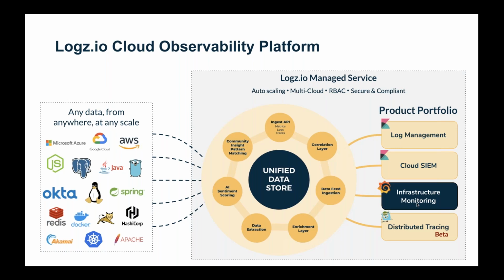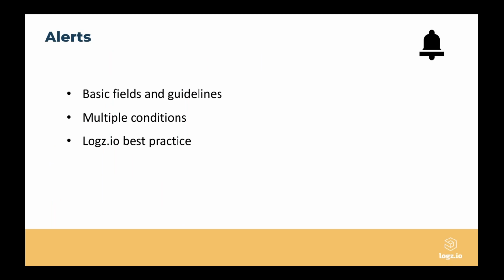When we finish, you will see how it is all connected and what are the benefits of having one unified platform to serve all your needs. So our first feature is alerts. I think it's the most important feature in a monitoring solution. So let's move to the demo and get started.